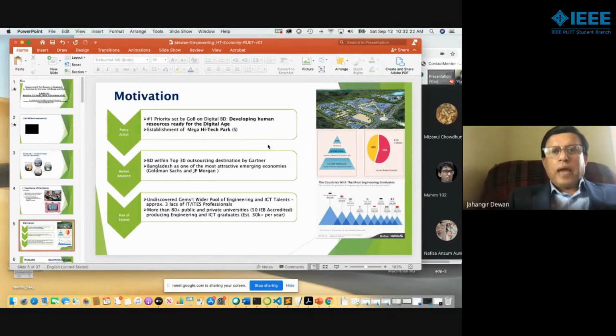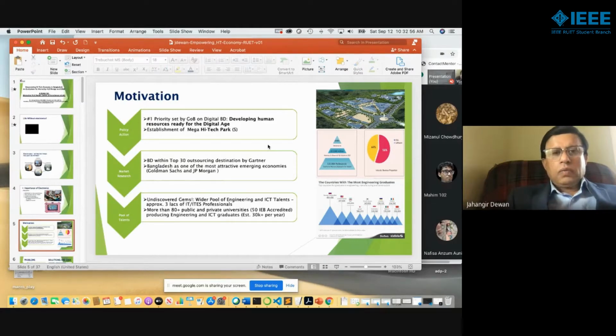There are a few data points you can look at. I don't want to go into details about everything, but the Bangladesh government has done so much, for example, creating high-tech parks. They have created many high-tech parks to develop human capital and also bring in business so that people can get jobs. And in a Gartner report, Bangladesh is one of the top 30 outsourcing destinations in the world.